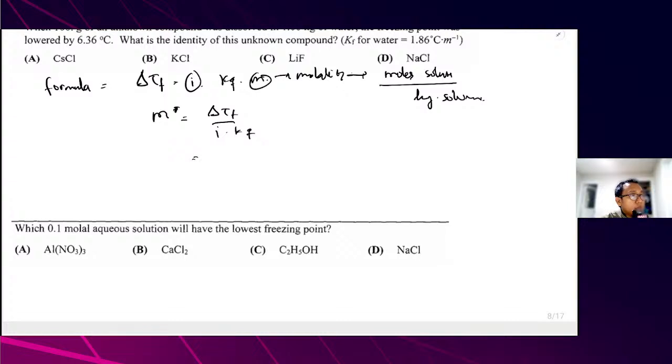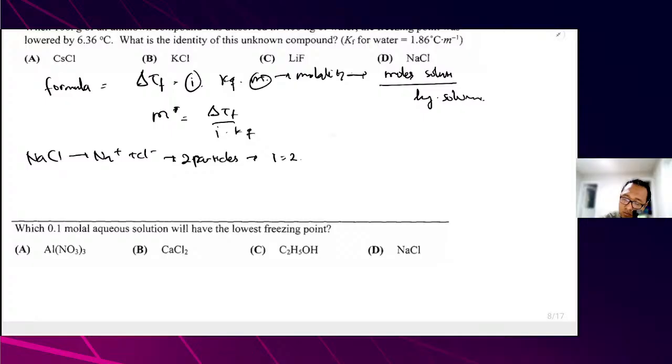Now for the second step, we know that NaCl will be Na plus and Cl minus. So it has two particles, which means i is 2.